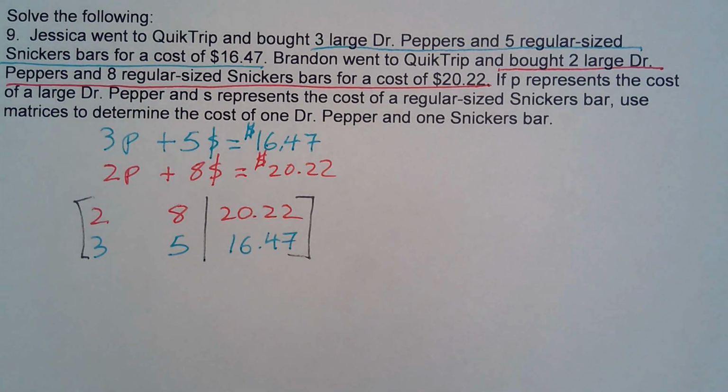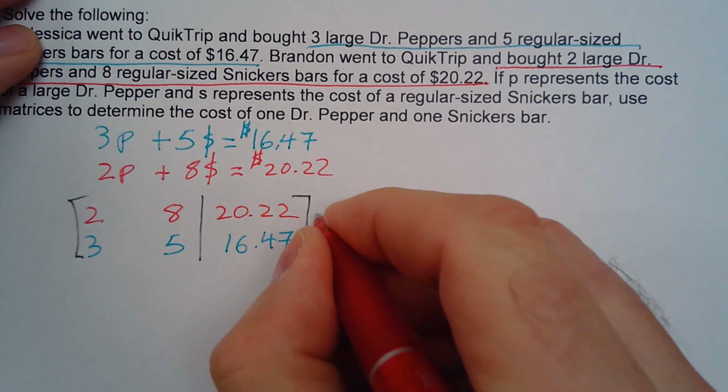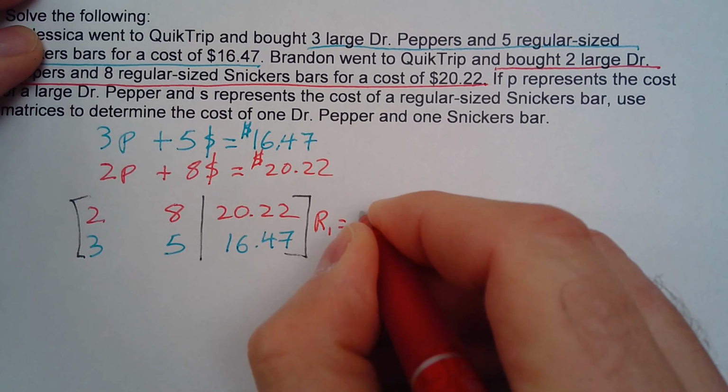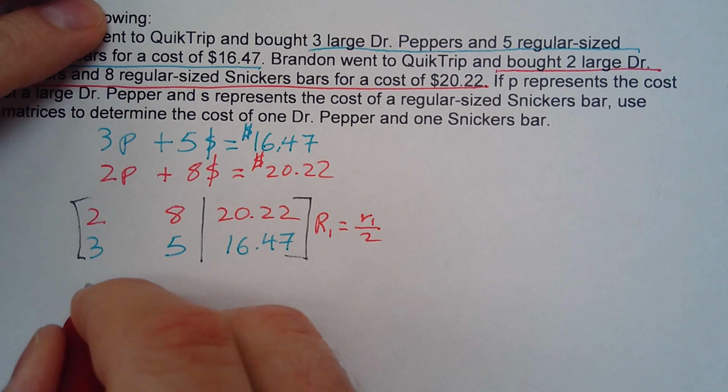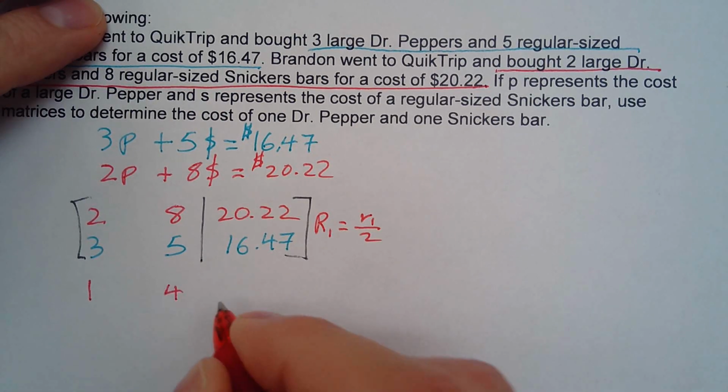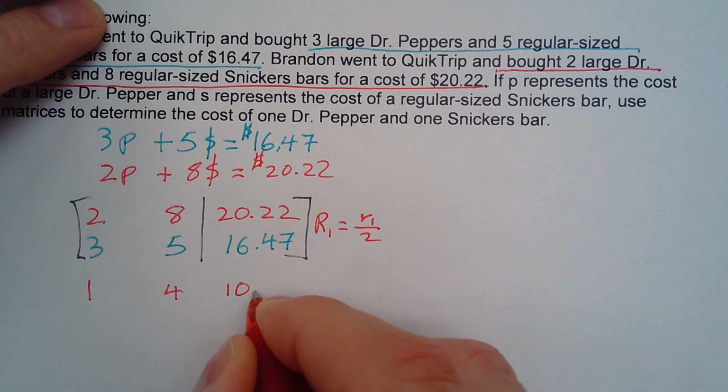So now I'm going to divide row number 1 by 2. So that's going to give me 1, 4, 10.11.